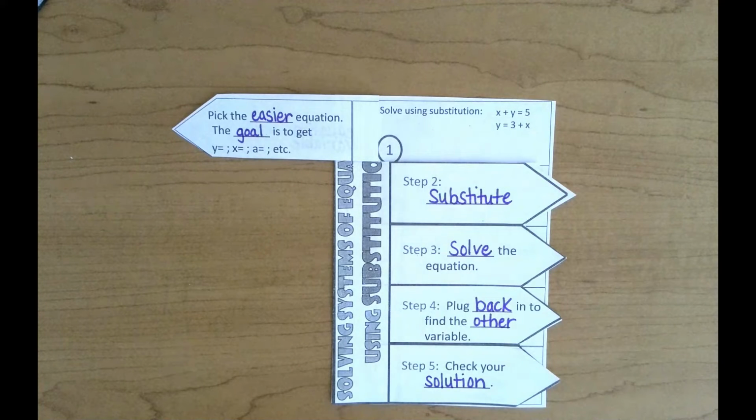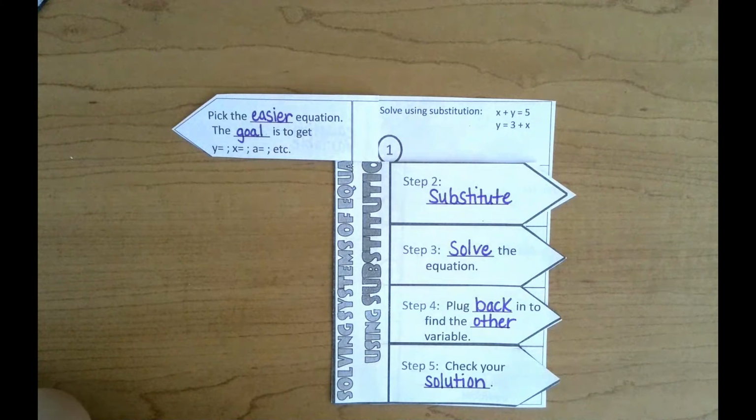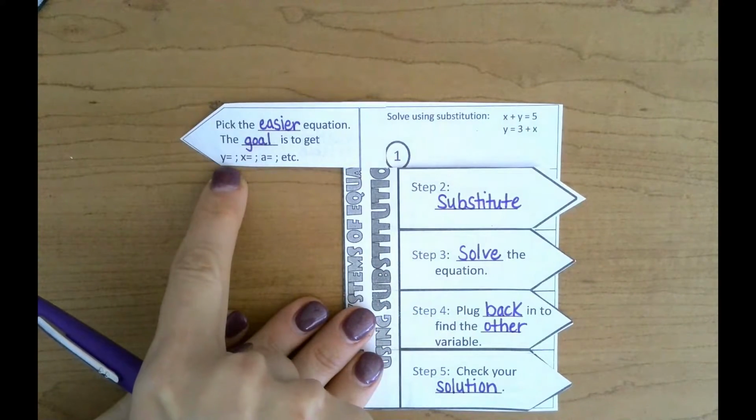So we want to get the variable by itself. Do you notice anything about one of those two equations? Do we already have a variable by itself? Yes, which one? Not both of them. Which equation has the variable by itself? The y equals 3 plus x. Look at over here, it says it has to be like y equals, x equals.